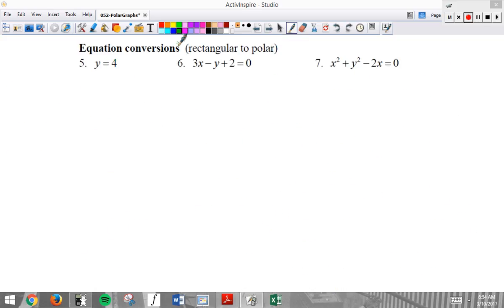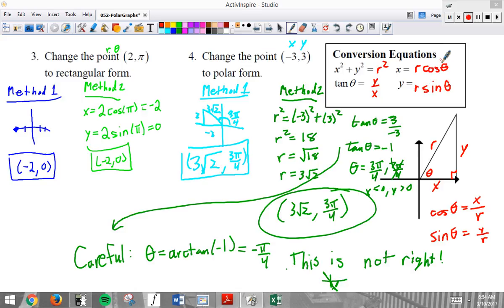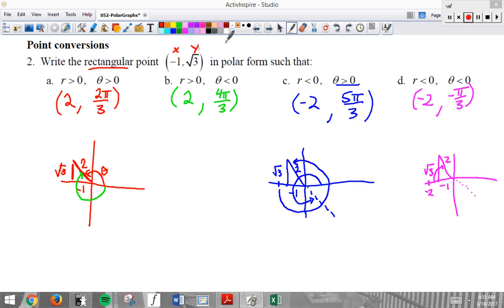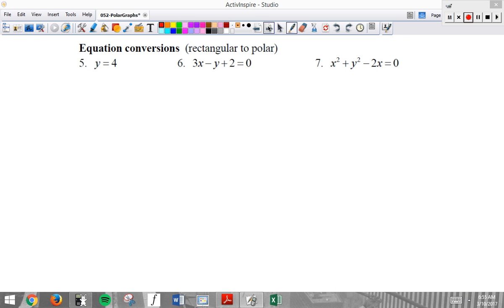Okay, equation conversions. What shape is this? You should have all said a horizontal line. How do I do equation conversions? We use the same conversion equation table right here in your notes.